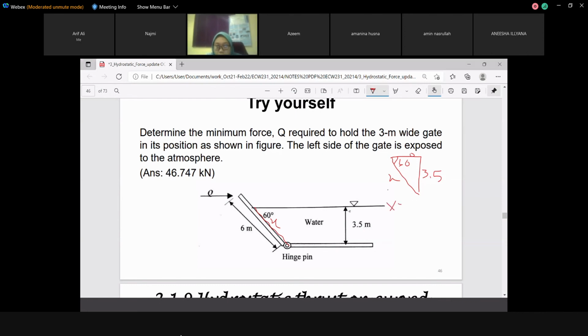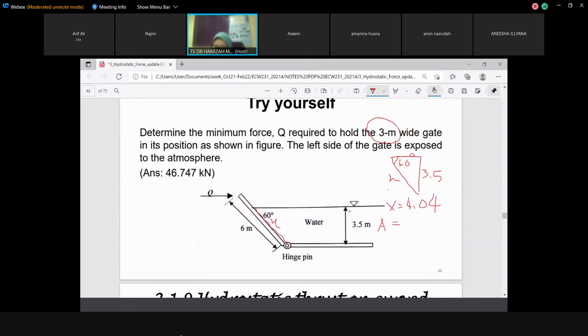So, you already know the X. X ialah 4.04. So, can you know the area now? Boleh. Sebab dah tahu nilai gate yang tenggelam. So, you already know the width of the gate, 3.